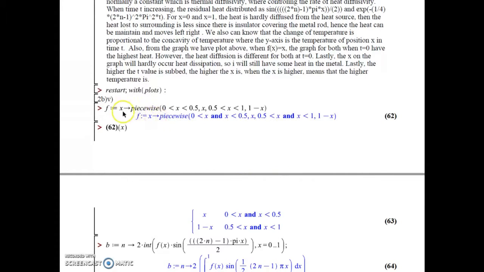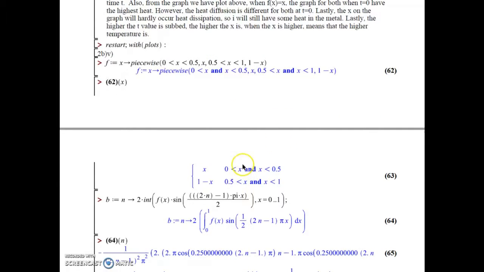I assign f(x) to the piecewise function: for x between 0 and 0.5, the equation is x, and for the range 0.5 to 1, the equation is 1 minus x.